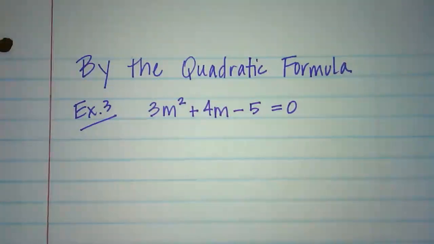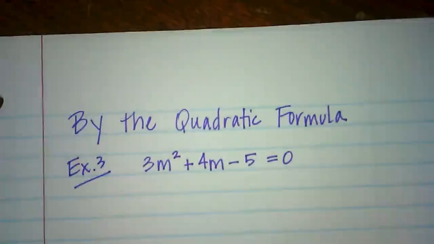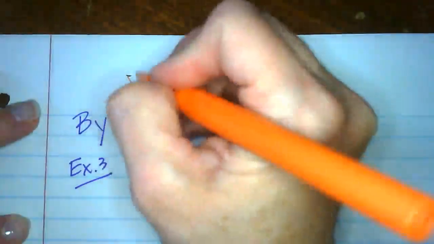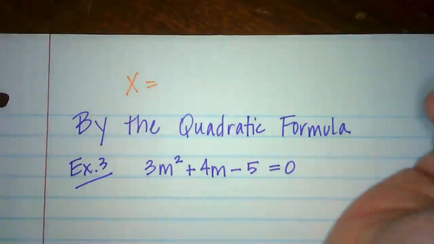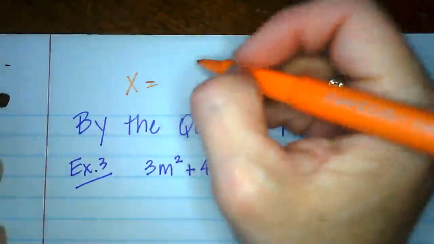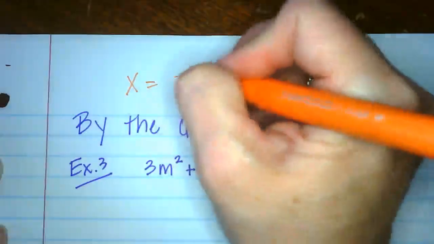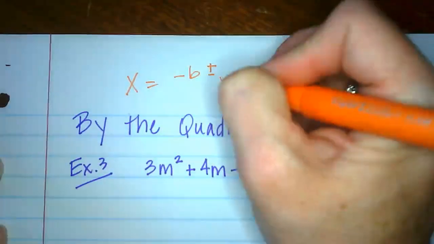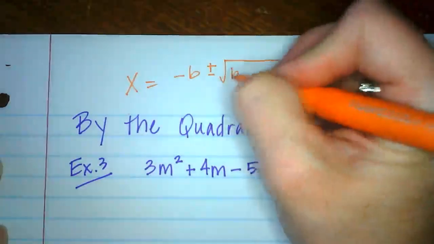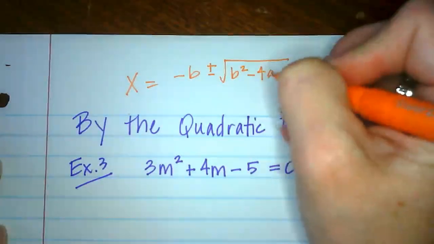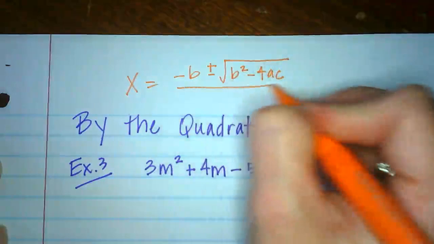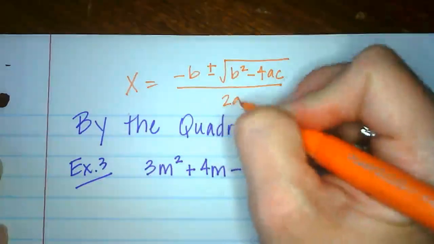All right, so quadratic formula, hopefully you remember. We'll write that up at the top, I guess. So to figure out what the variable is, in this case it's m, but in general we say x. Yikes, there's something on my marker. So the formula is negative b plus or minus the square root of b squared minus 4ac, and all of that is divided by 2a.